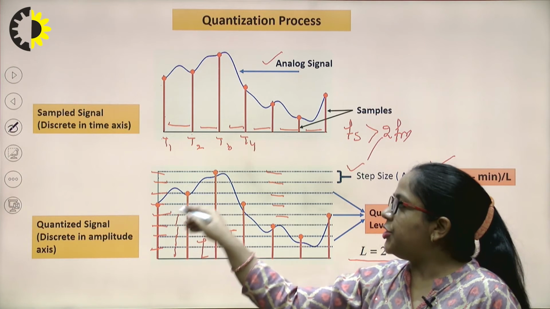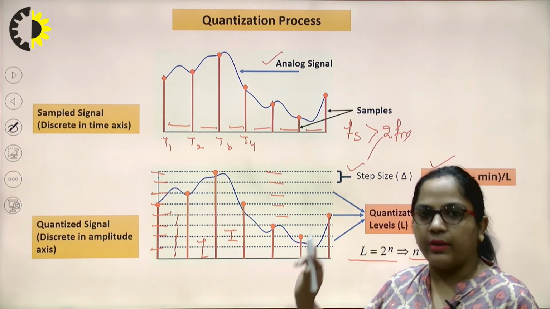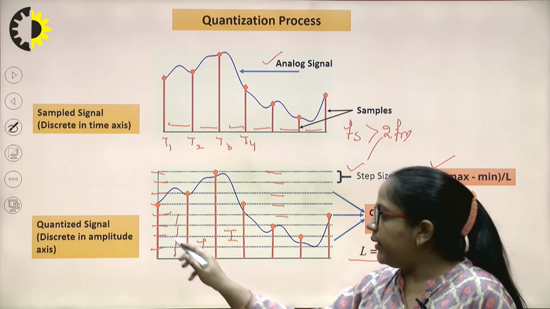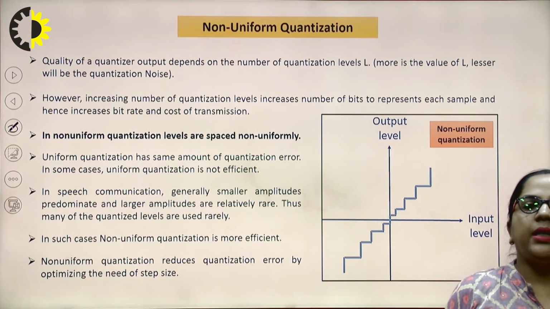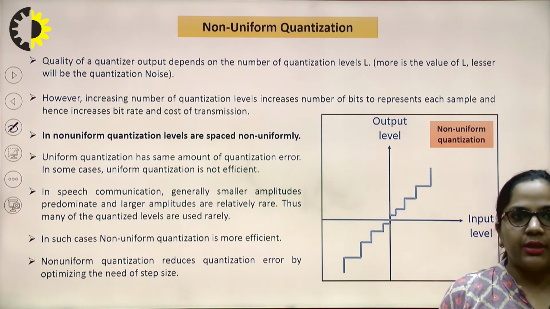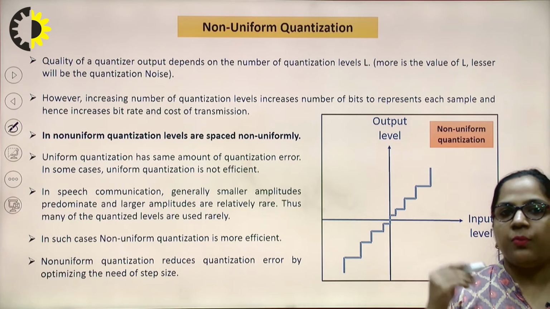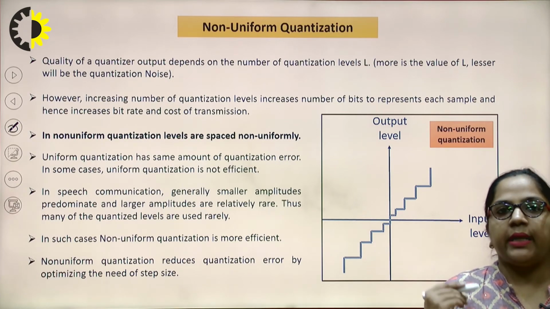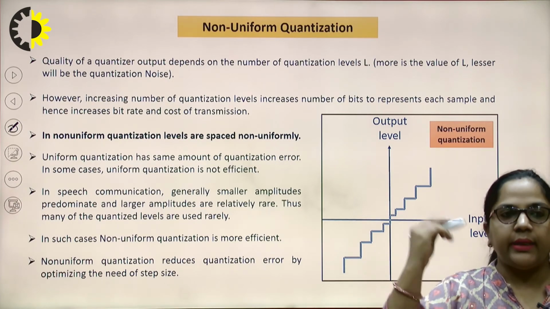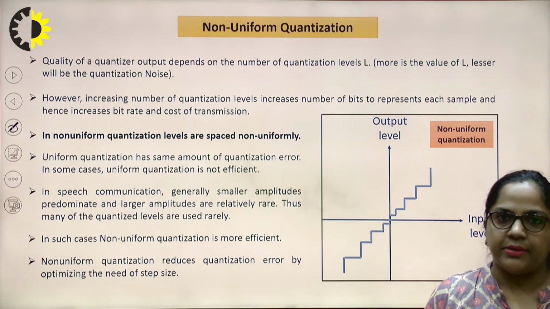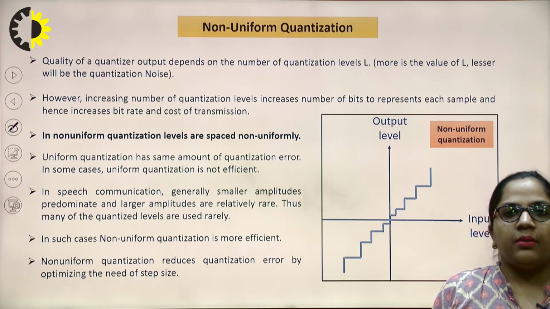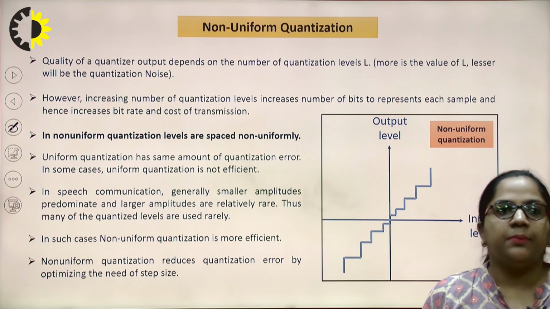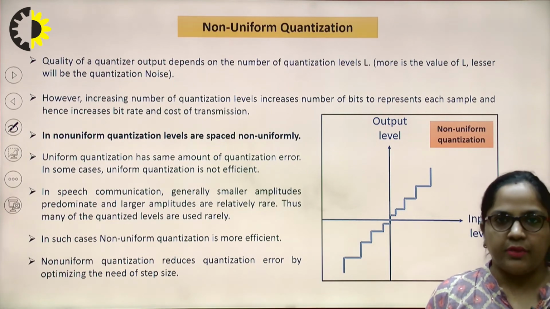But if we keep on increasing the number of quantization levels, the number of bits required to represent each sample and each level will also increase. Hence, it will increase the total bandwidth requirement, bit rate, and also the cost of transmission.